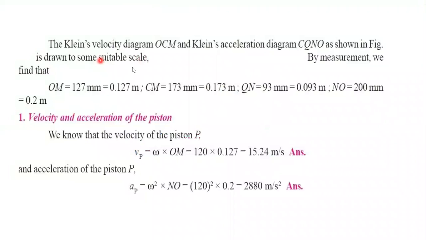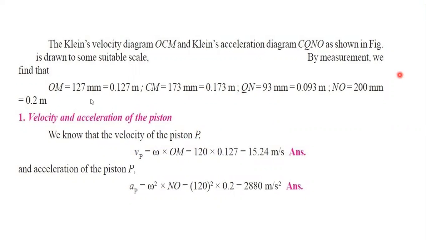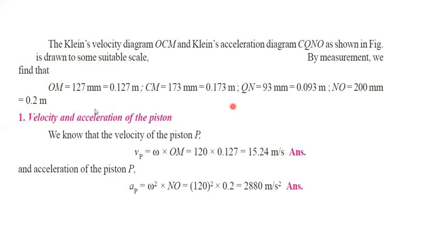We have drawn this with a suitable scale. Measure OM, you will get some value. Multiply that with 50, because we have scaled, and you will get 127 millimeter.